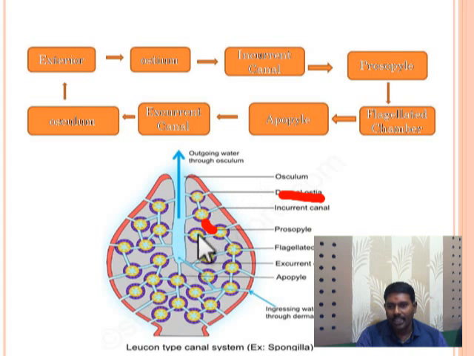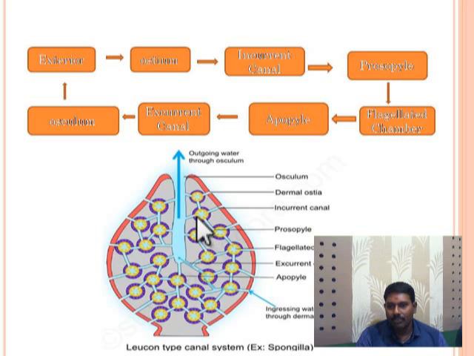This flagellated chamber is the replacement of the radial canal from sycon to leucon type. In case of sycon type, you can see the radial canal instead of the flagellated chamber, whereas here you can see the flagellated chamber. This is the incurrent canal, this is the dermal opening ostia, incurrent canal, through this it reaches the flagellated chamber. Whereas in sycon type, the water will reach the radial canal.